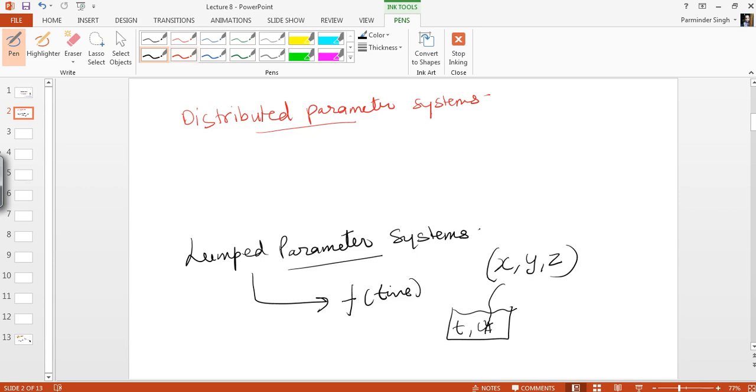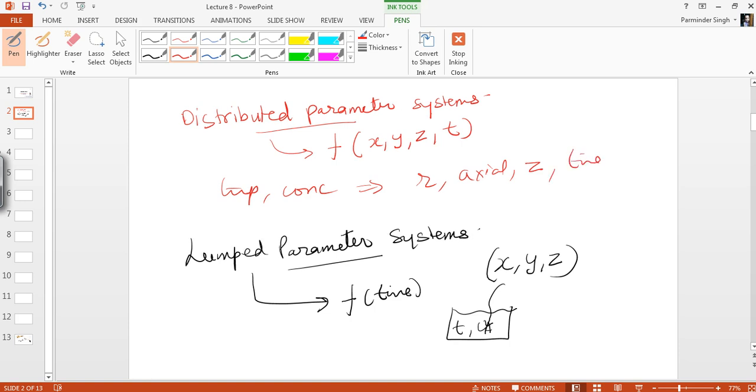Whereas in distributed parameter systems, any parameter depends upon the position as well as the time. So that means the temperature or the concentration in the tank varies radially, it varies axially, and it varies along the z direction also, radial direction, angular direction, and it also varies with time.